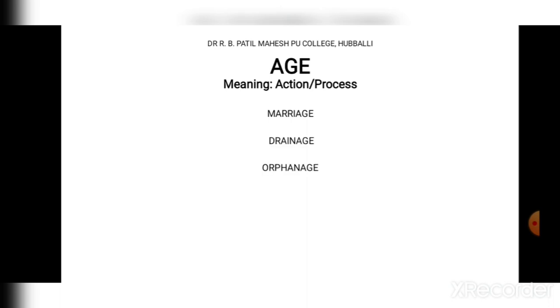Drainage, orphanage, package, outage, breakage. Outage is nothing but when the process of power is not there, electricity is not there, we can call it power outage, which is a process of not having electricity. So these are the words that age comes in the end of.